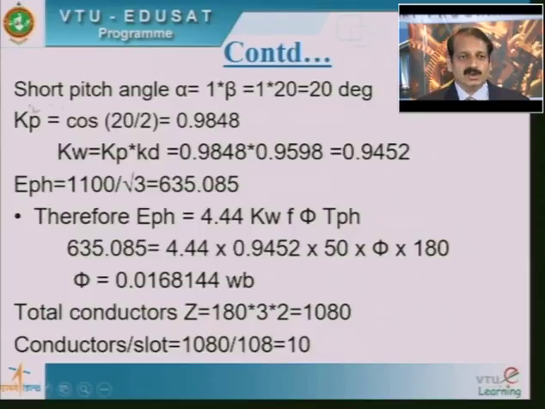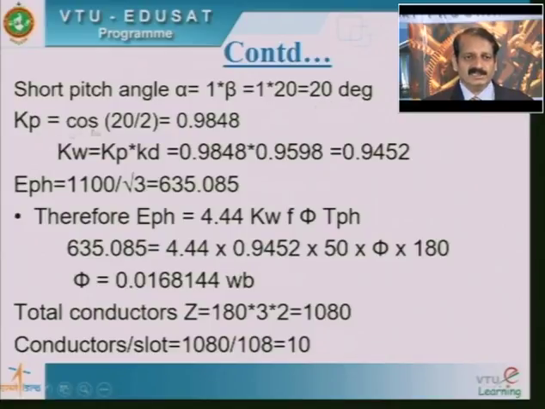Now, the short pitch angle alpha is given as 1 times beta, because it is said that coils are short pitched by one slot. So, 1 into slot angle is equal to alpha. So, 1 into 20, so alpha is equal to 20 degree.